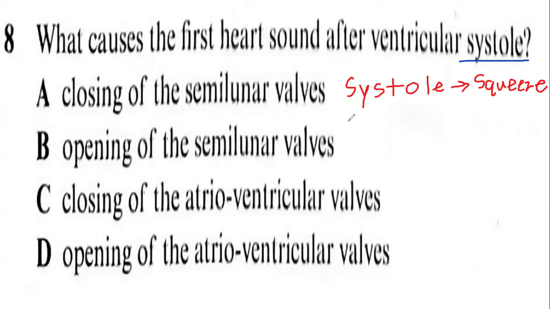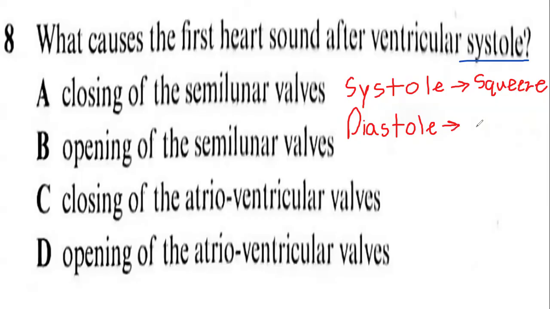Then you have diastole. I'm probably spelling this wrong, but y'all got what I'm talking about, right? If systole is a squeeze, what is diastole? Is it a push? No, not a push, not a close, not a pull.